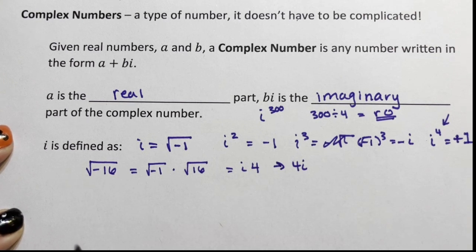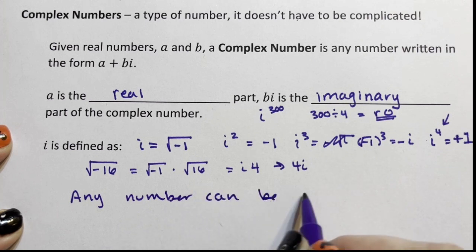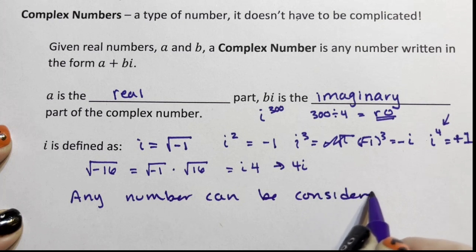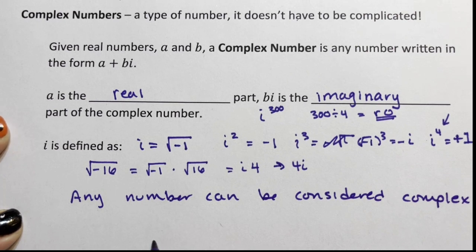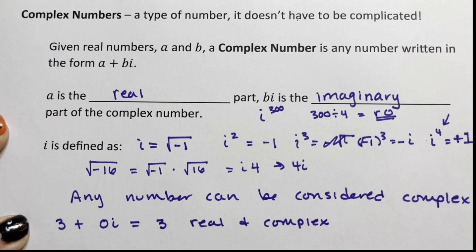Any number can be considered complex. So if I have 3 plus 0i, it's actually equal to 3, with real and complex, though the complex has been zeroed out.